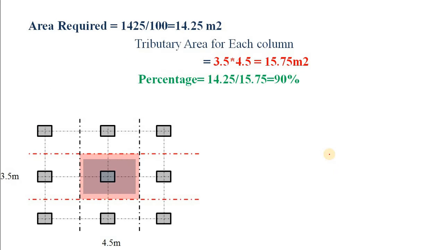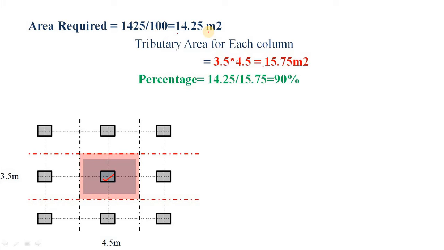Let's see how I have to decide whether Raft is required or an isolated foundation with this area is sufficient. For that, again, how much area is designated or provided for this particular column? From the tributary area you can calculate it as 15.75 meters square. And how much area do you require for your foundation? This is 14.25.